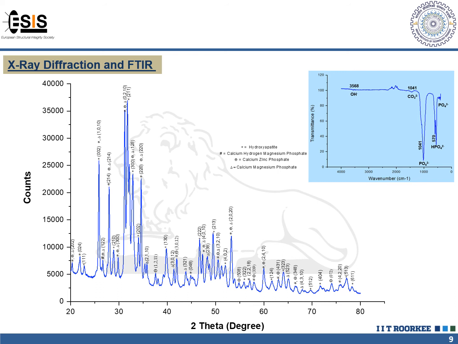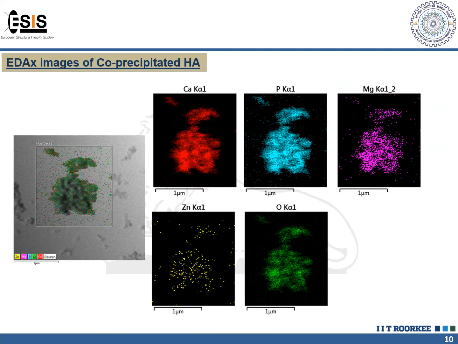The band at 1041 is a phosphate ion, which confirms the presence of hydroxyapatite inside the powder. In order to further confirm the elements present in the powders, EDX images were also taken through the transmission electron microscopy technique. Here the presence of calcium, phosphorus, magnesium, zinc and oxygen confirms the synthesis of the coprecipitated HA.